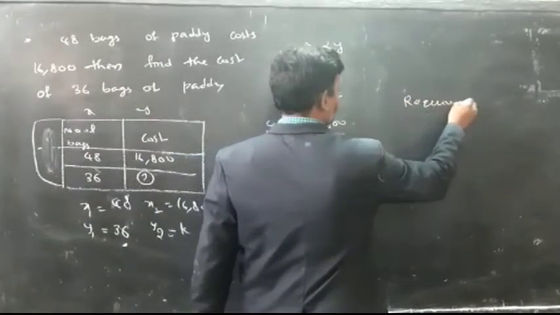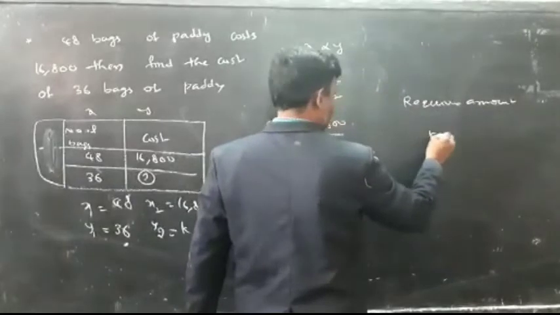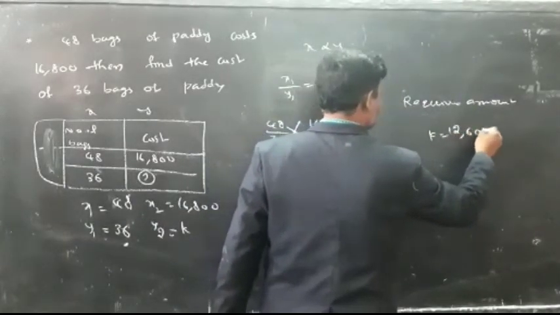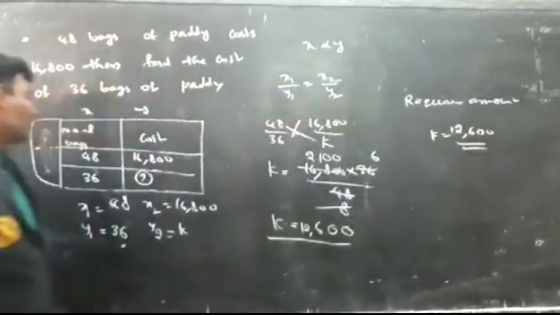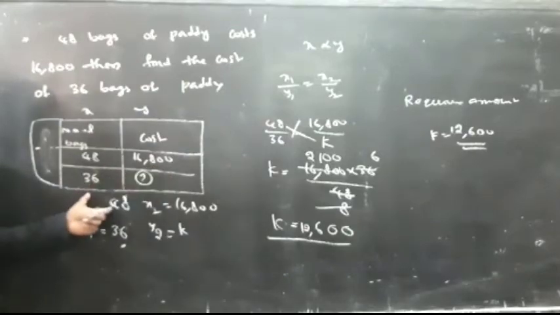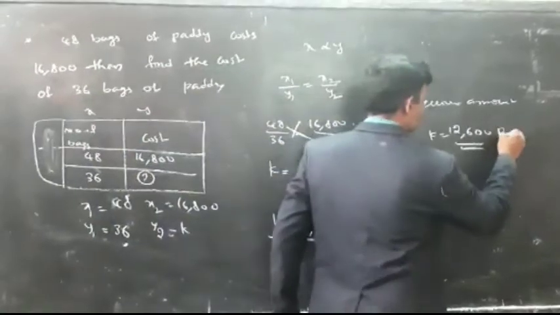Required amount, k is equal to 12,600. If the cost of 48 bags is 16,800, then the cost of 36 bags is 12,600 rupees.